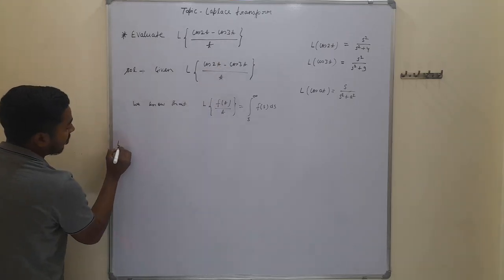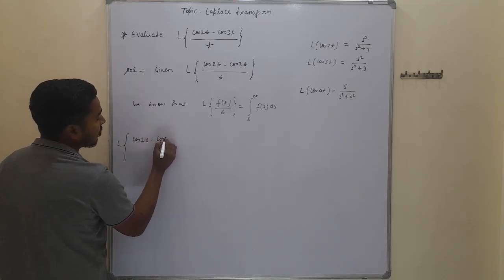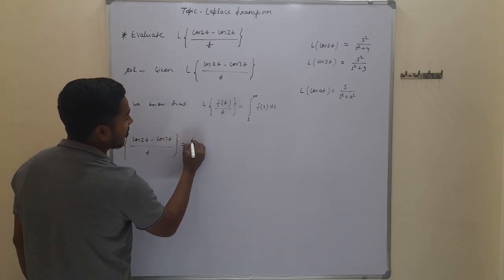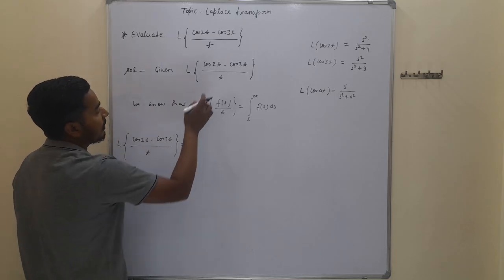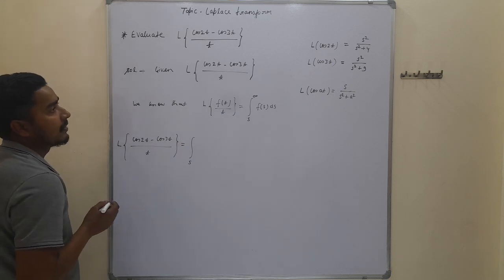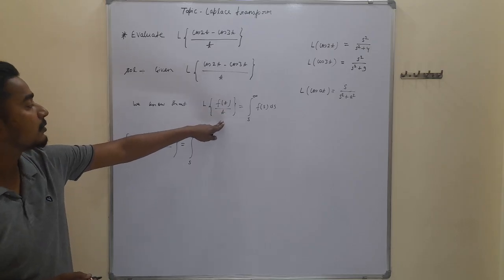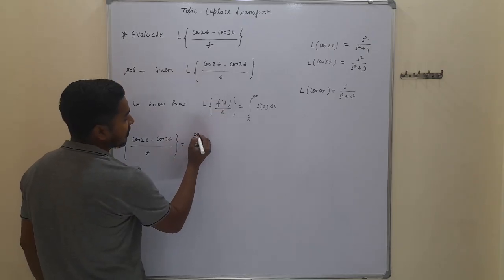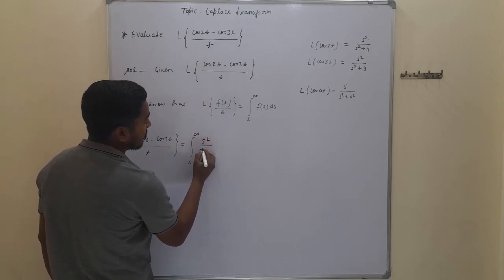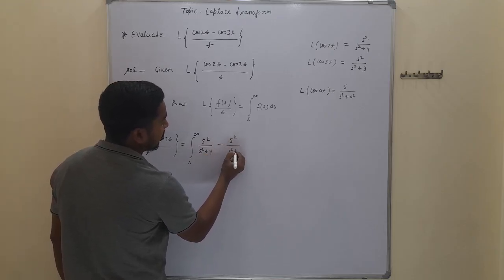So Laplace of (cos 2t minus cos 3t) upon t is given by the integral from s to infinity of s upon s square plus 4 minus s upon s square plus 9.